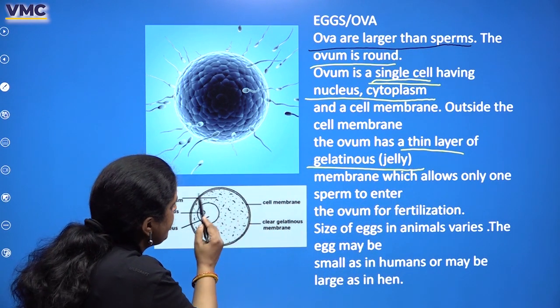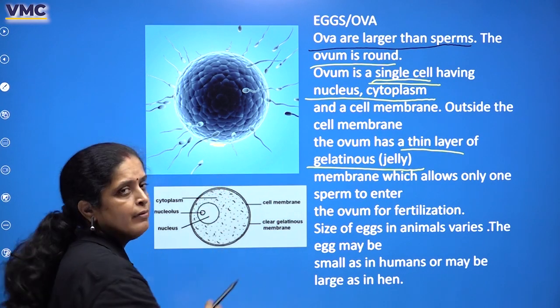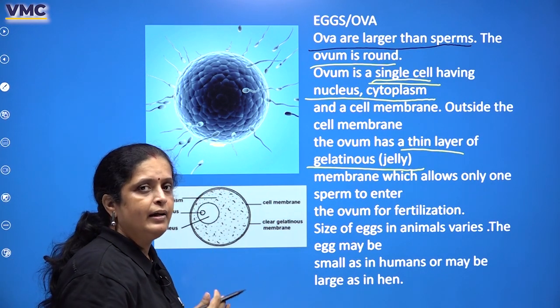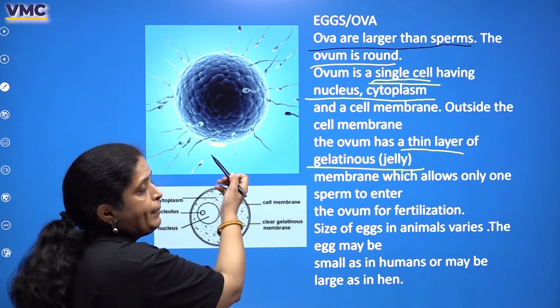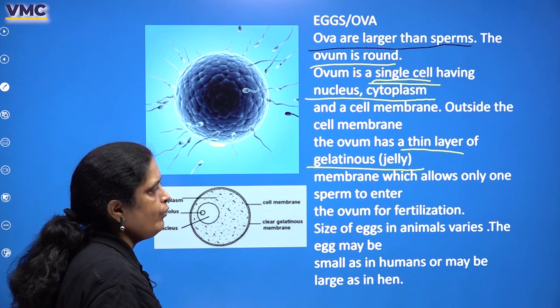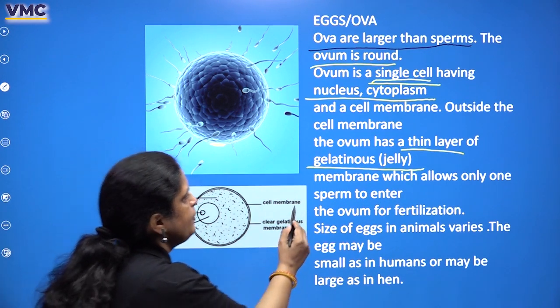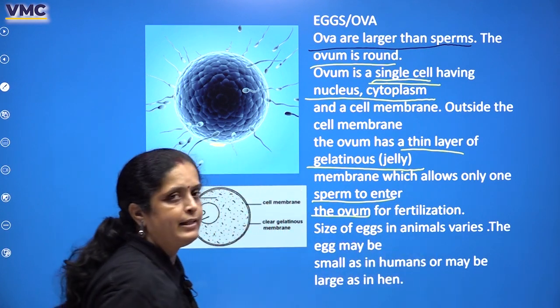This membrane you see outside is a jelly-like membrane, right? The sperm needs to penetrate through that membrane to reach the ovum, right? So sperm needs to enter the ovum for fertilization.